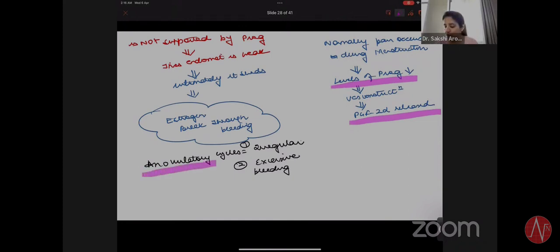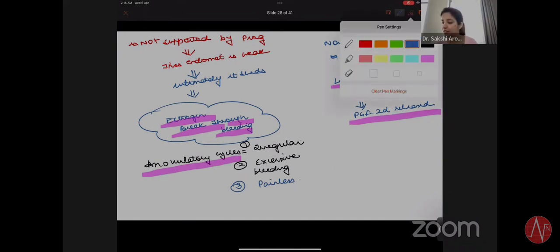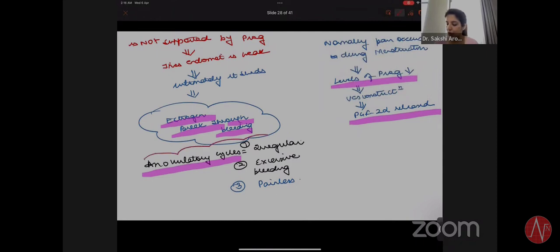Now in anovulatory cycles there is no relation with progesterone. In anovulatory cycles bleeding is happening because estrogen is high. That is why anovulatory cycles are painless. Clear? So this is characteristic of anovulatory cycles. In anovulatory cycles bleeding happens not due to progesterone withdrawal, but due to excessive estrogen.